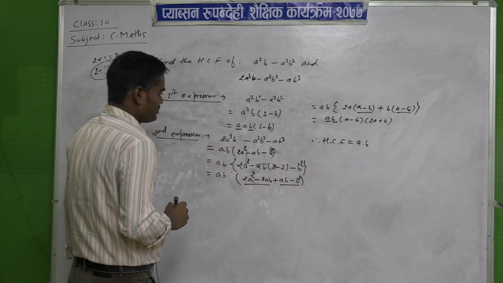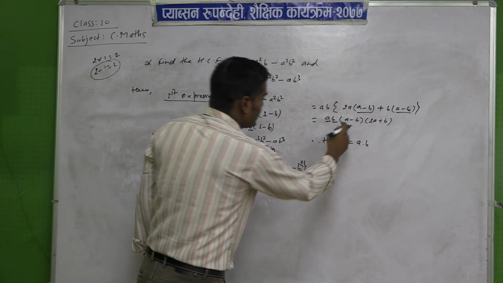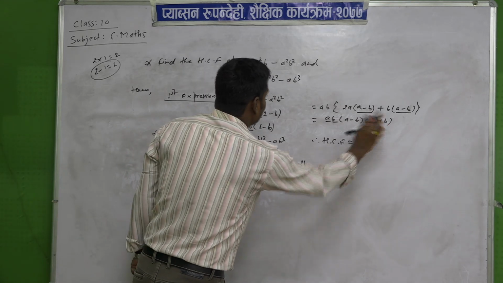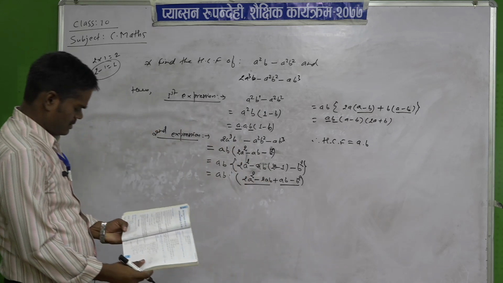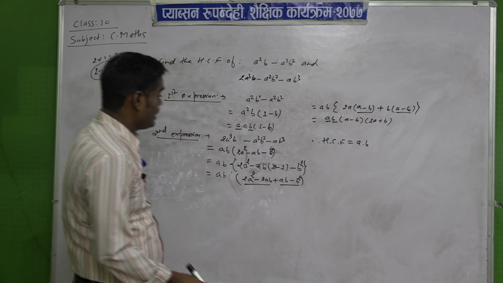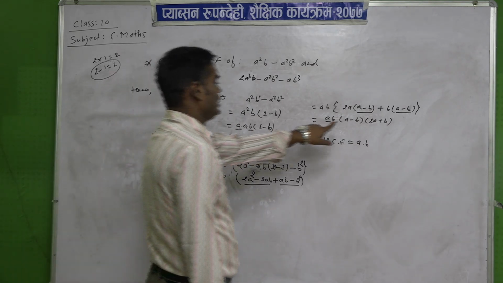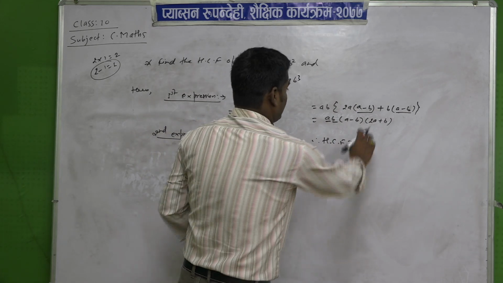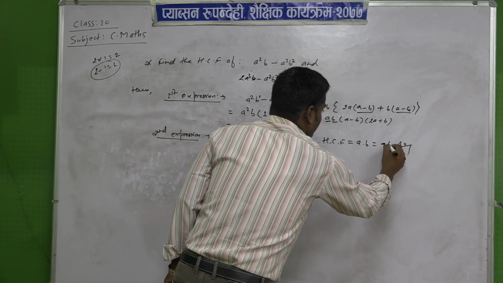And then after, what is here? a minus b, 2a plus b, 2a plus b, 2a plus b, and then after nothing is common there. Here a minus b, here 2a plus b. So this is the SCF, this is the answer.